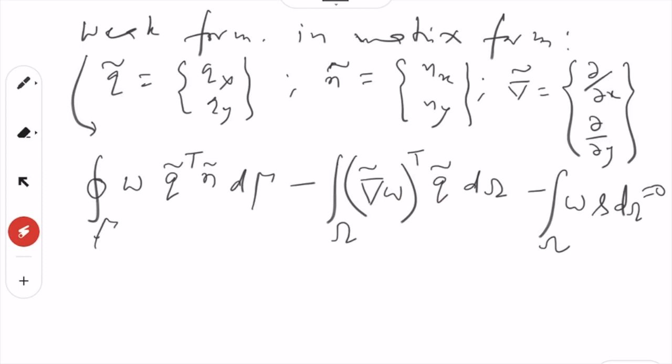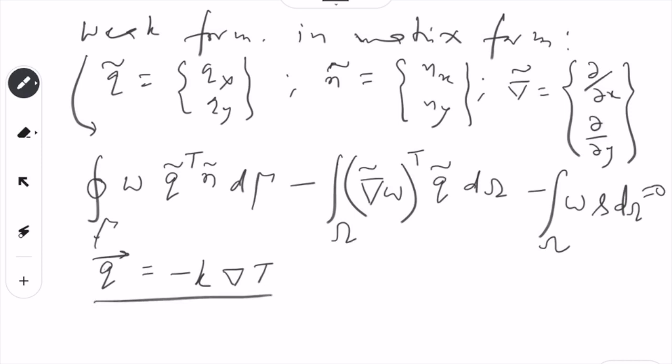So, how are q and t related? We know that q vector is nothing but q equals minus k del t, right. This is in vector form, we can write in matrix form basically.